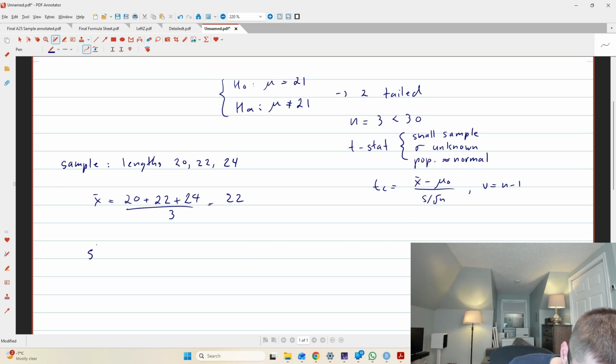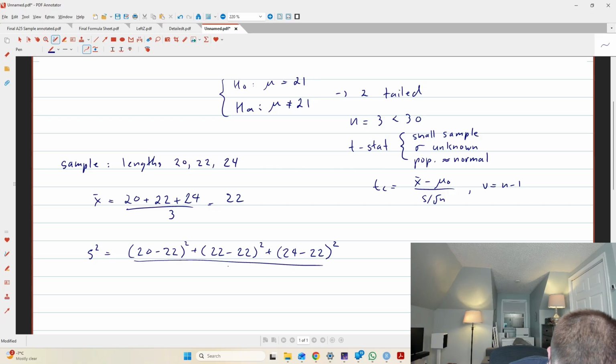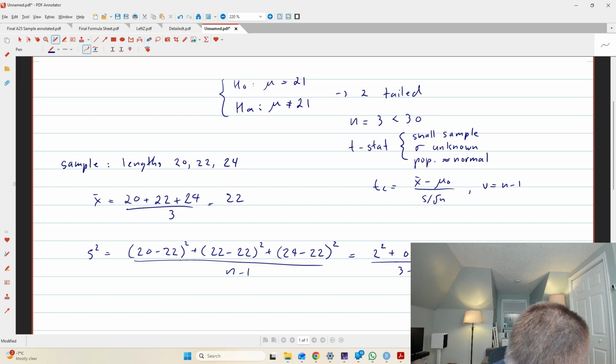And s squared, the variance, is going to be 20 minus the mean squared plus 22 minus the mean squared plus 24 minus the mean squared, over n minus 1, equals 2 squared plus 0 squared plus 2 squared over 3 minus 1.